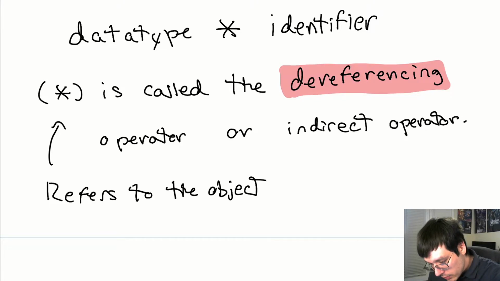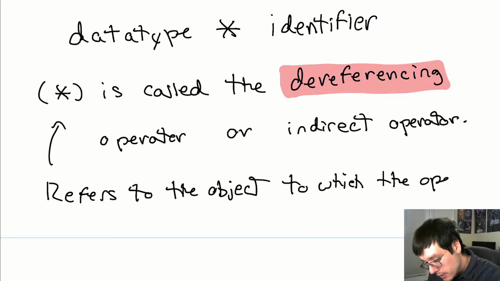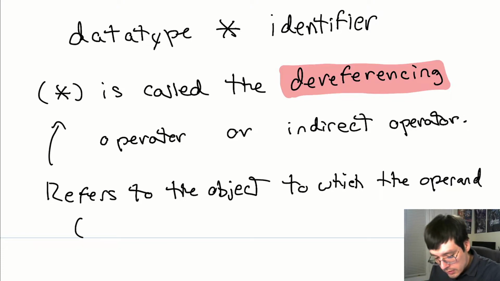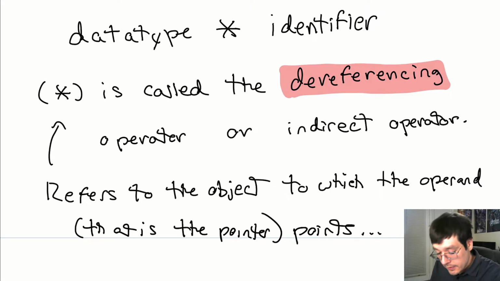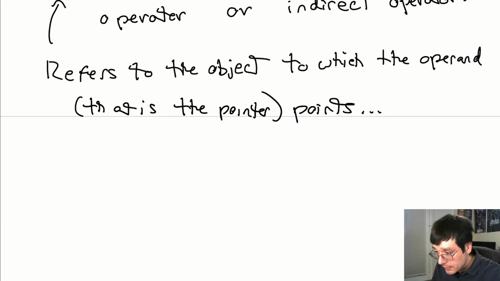So I'm saying this refers to the object to which the operand, in other words the pointer, points to, okay? So let's go ahead and create a pointer.